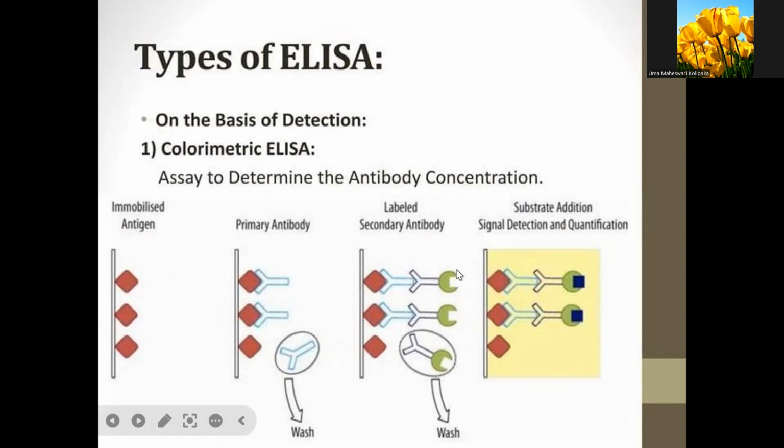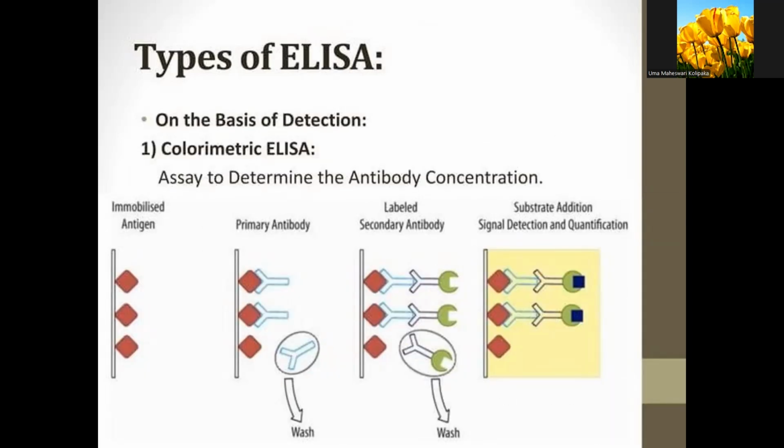Then we add the secondary antibody, which is linked with the enzyme. Then we add the substrate, which gets converted to the product with the help of the enzyme's catalytic activity.